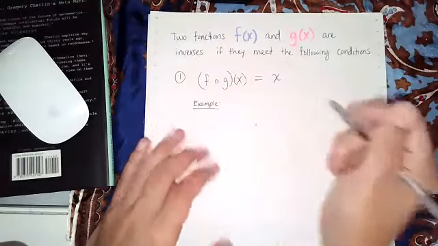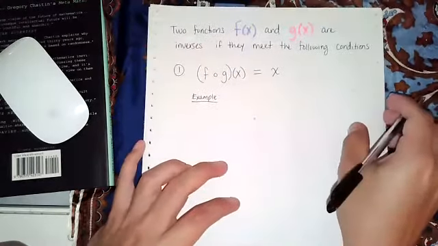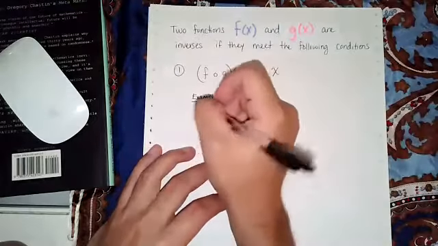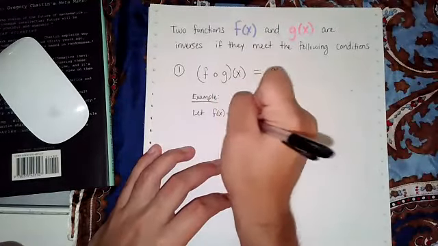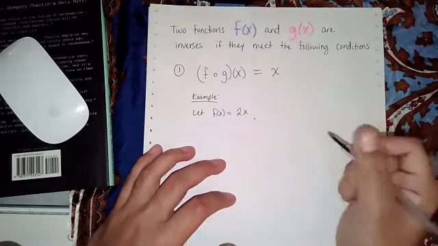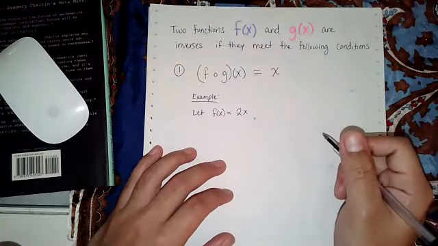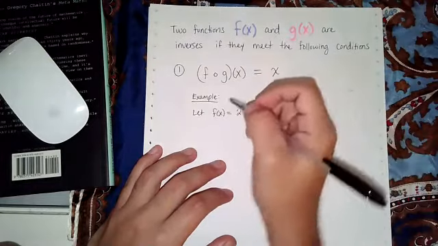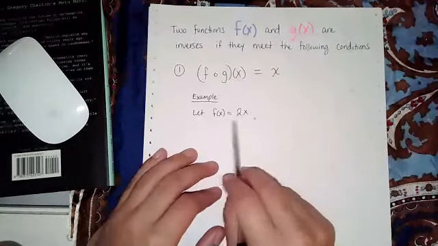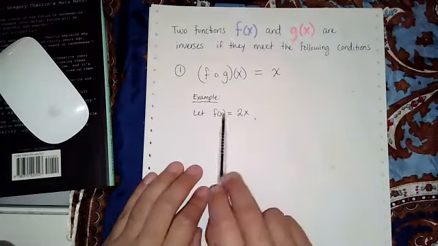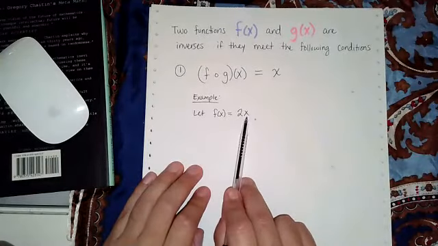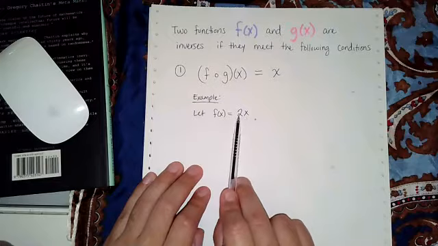So let me give you an example. I'm going to let f of x equal 2x. So 2x is this function where whatever the input value is, whatever x is, I'm going to multiply it by 2.